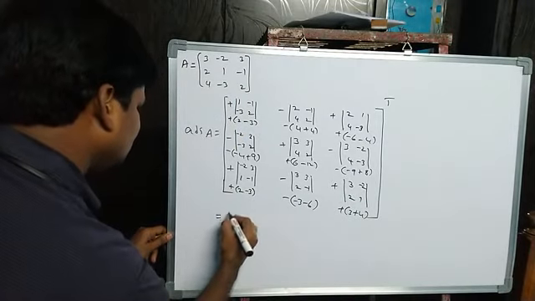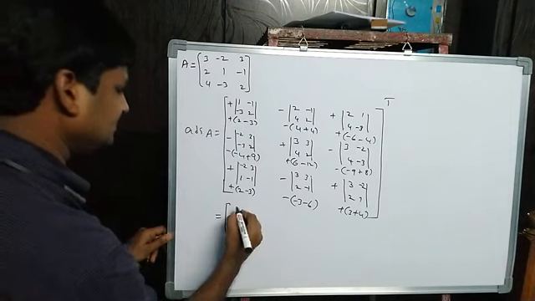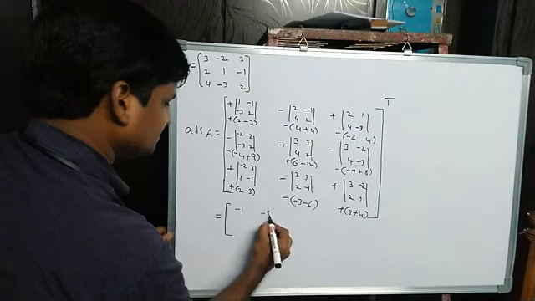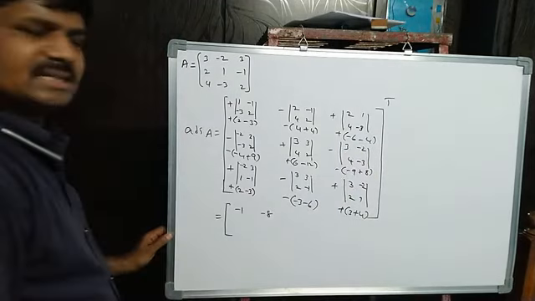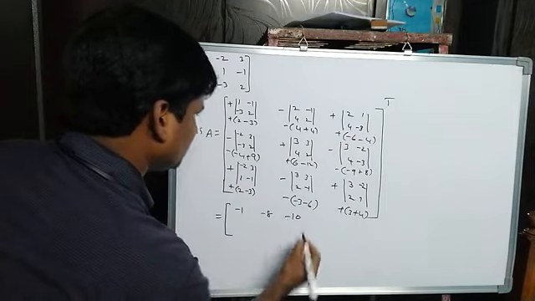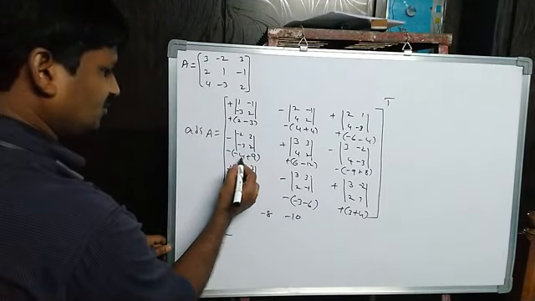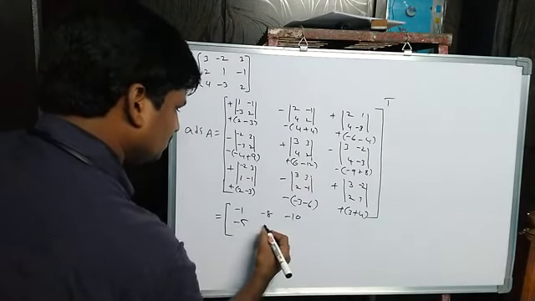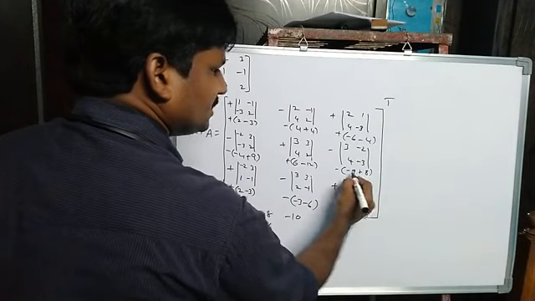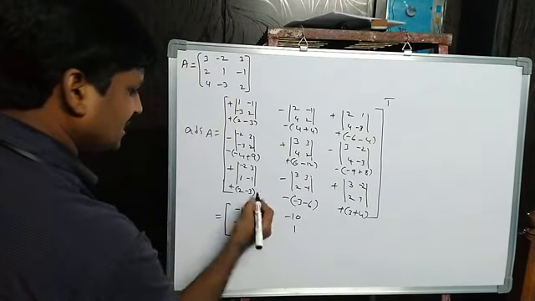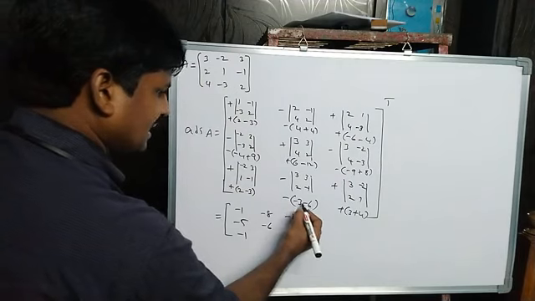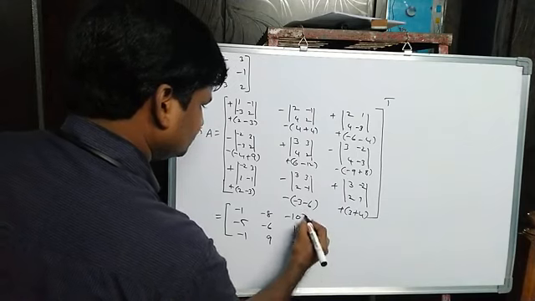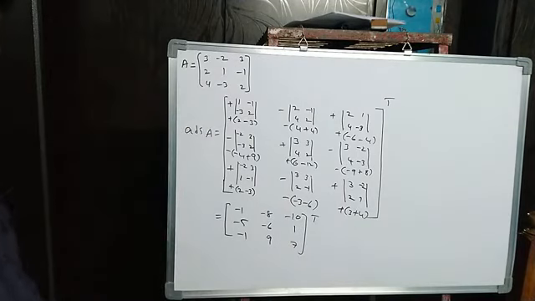Simplify and write them: minus 1, minus 8, minus 10; minus 5, minus 6, 1; minus 1, 9, 7. Okay, this is the cofactor matrix.